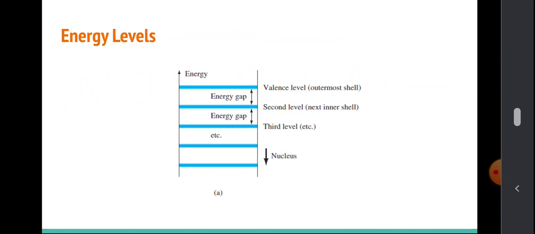If the nucleus is below, look at the lowest blue line. If the nucleus is there and the valence level is at the top blue line, so the farther the valence level, the higher the energy it creates.